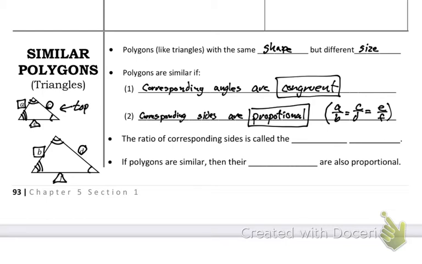That way I know all the sides are going to be the top of my proportions. So right now, if I labeled that top, I know that A, C, and E must be on the top of all of my ratios. That's important because you can't flip them. Once you pick one triangle to be the top, they must be the top of all the proportions. All right, the ratio of the sides is going to be called the scale factor.